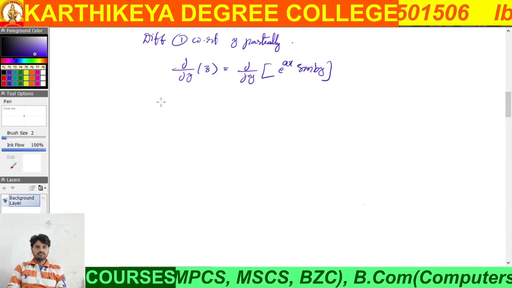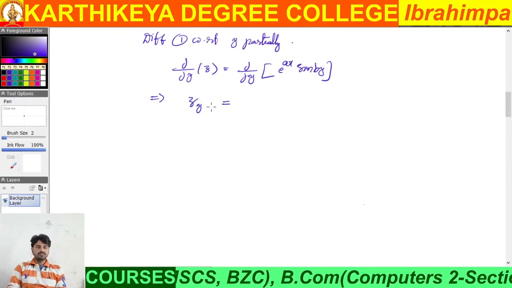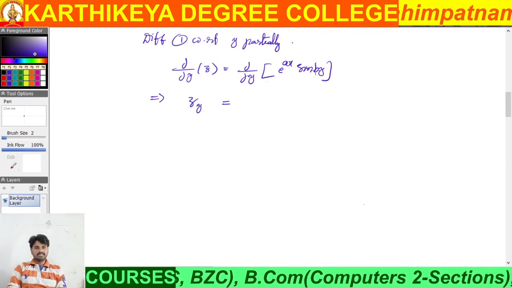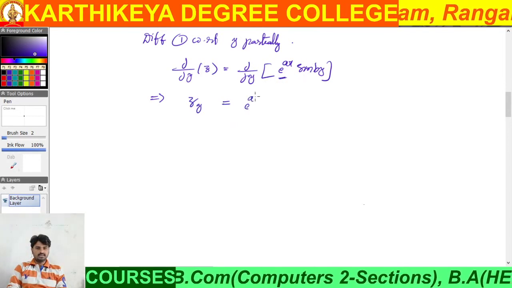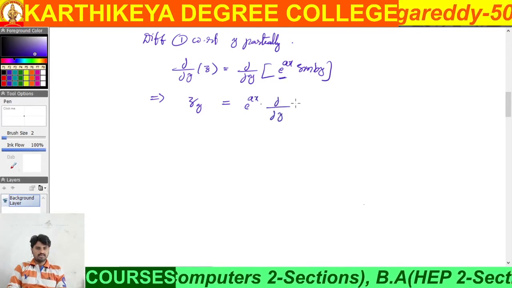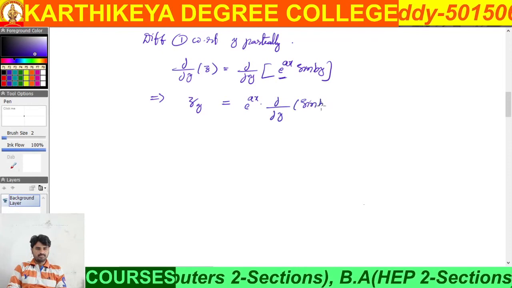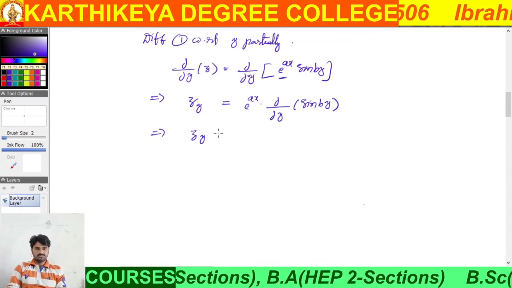Now observe carefully: you are differentiating with respect to y, so you can treat x as constant. The e power ax term can be taken as constant, and the second function has the y variable, so it is differentiated with respect to y.